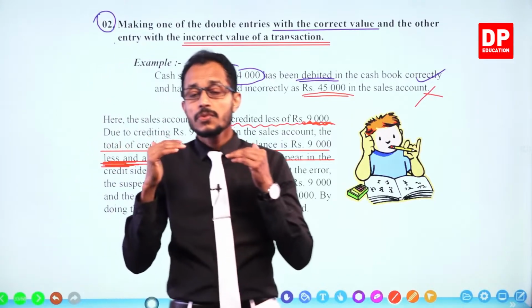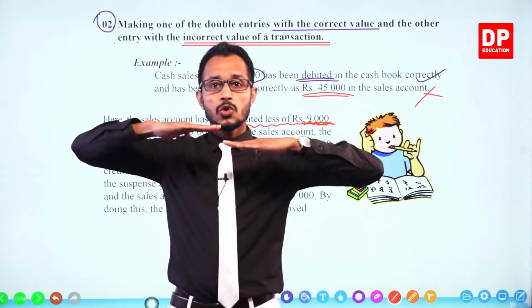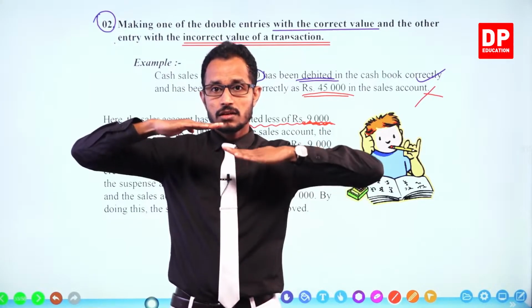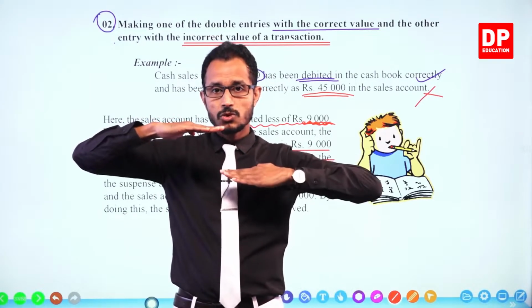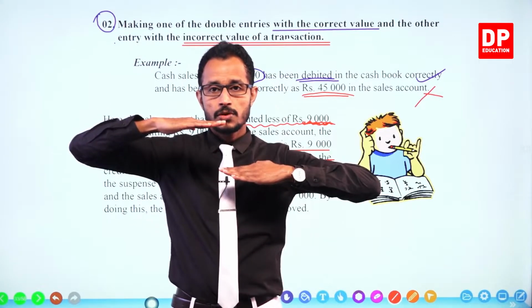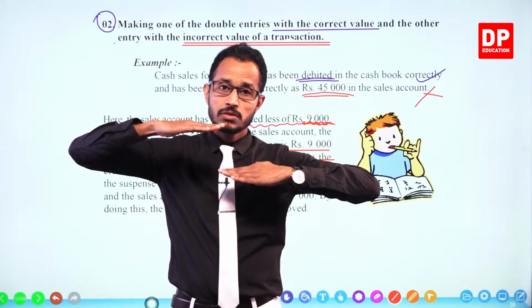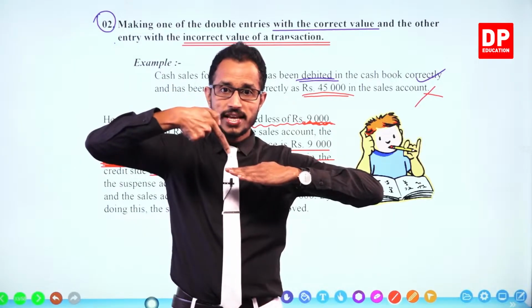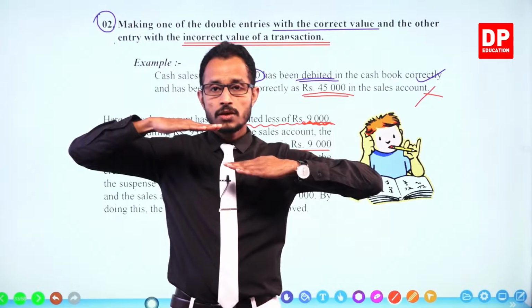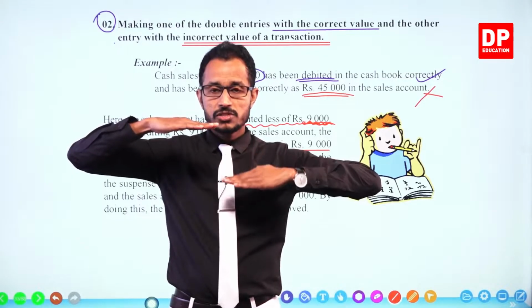But if your credit side is lower, if the credit side is having a lesser total, and the debit side is having a higher total, you have to calculate the shortage in the credit side.